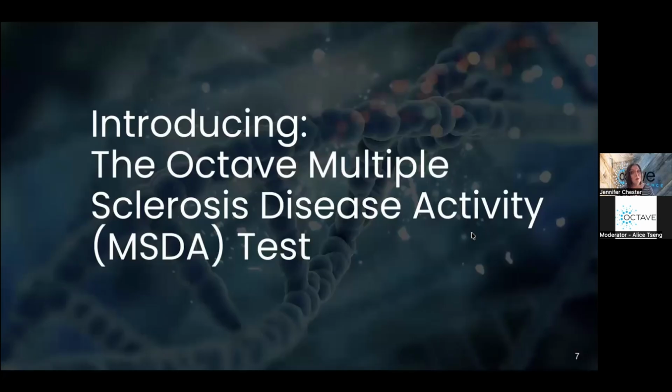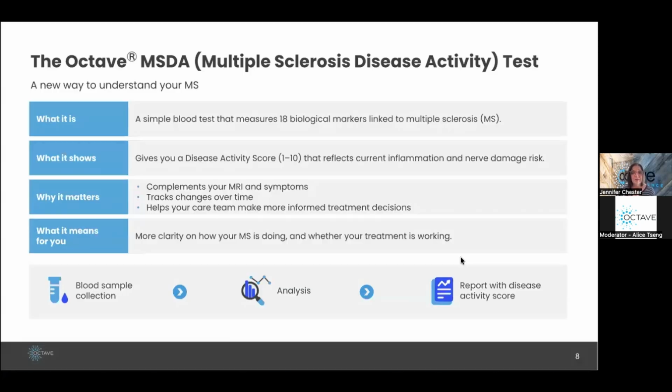So let's talk about what we're looking for in the Octave Multiple Sclerosis Disease Activity Test. So what is it? It's really a simple blood test. It's that easy, but it measures 18 biological markers or proteins that are linked specifically to multiple sclerosis.